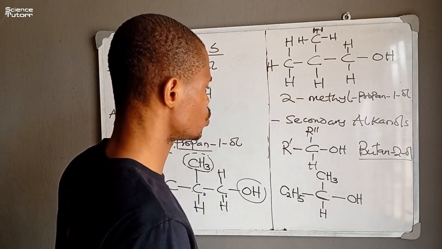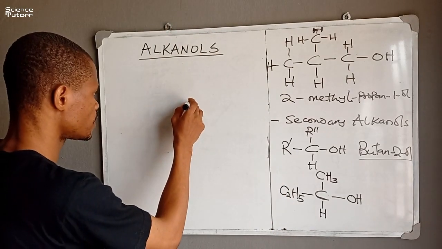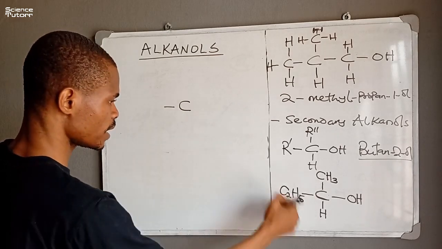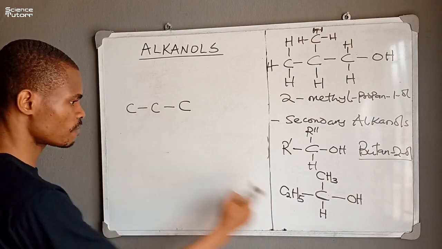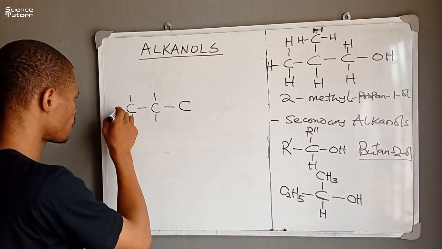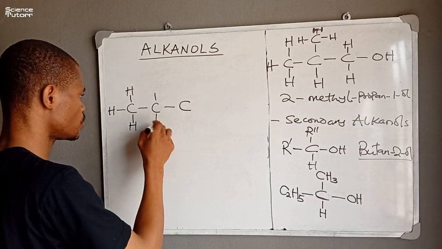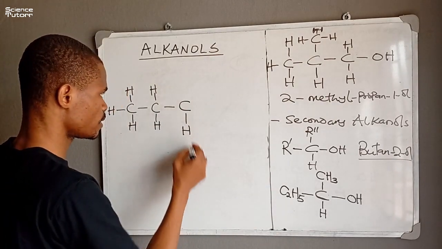Now, how do we draw the structure? Beginning from the central carbon, which is this. On this side, we have an ethyl group, so two other carbon atoms having 5 hydrogens, 1, 2, 3, 4, 5. Each of these represents a hydrogen atom. We have hydrogen here.